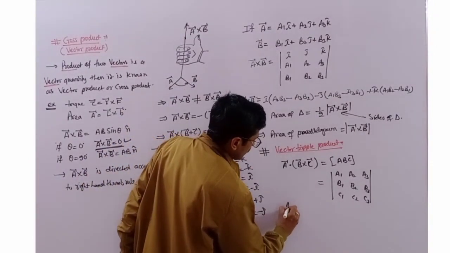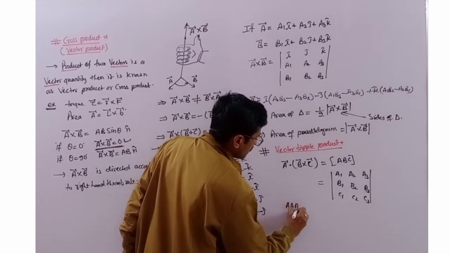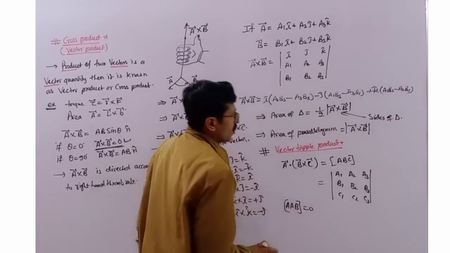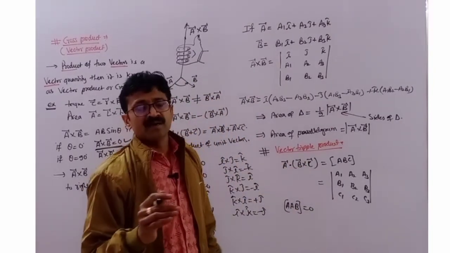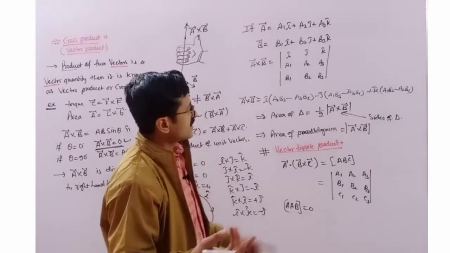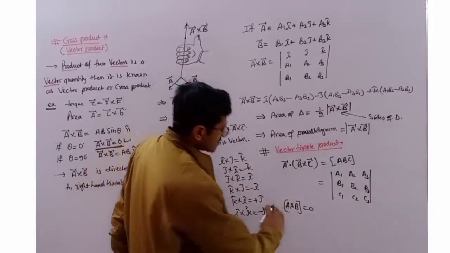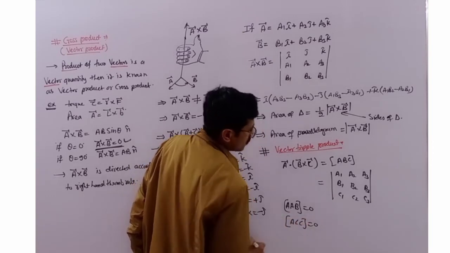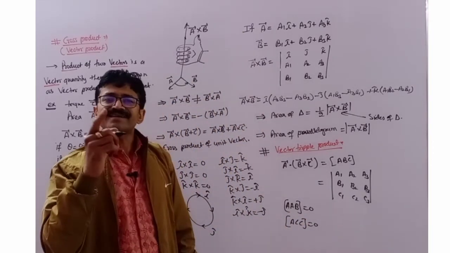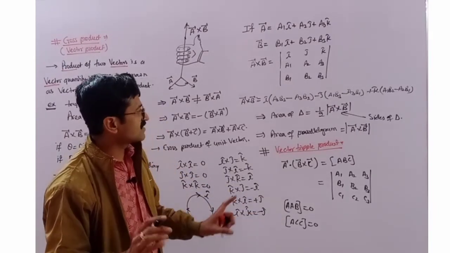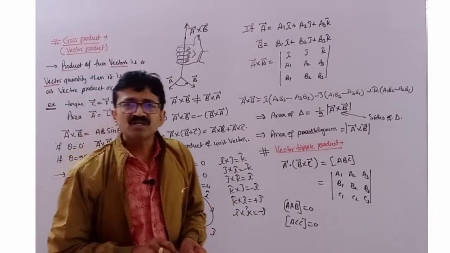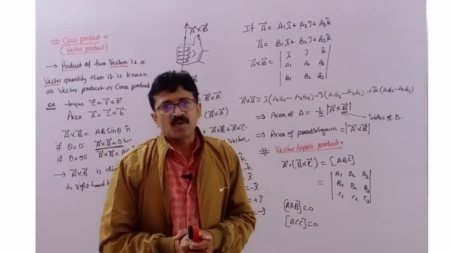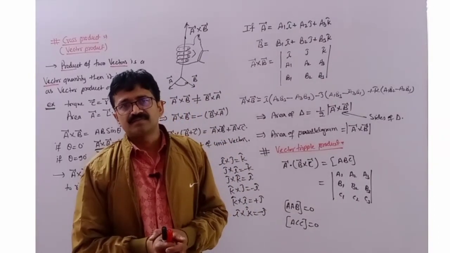Like if you write A, A, B, then it will be 0, because you know whenever one row is common, its answer will be 0. Whenever there is one quantity common, like A, C, C, then it will be 0. It is directly asked in several examinations. So this is all about the cross product of vectors.